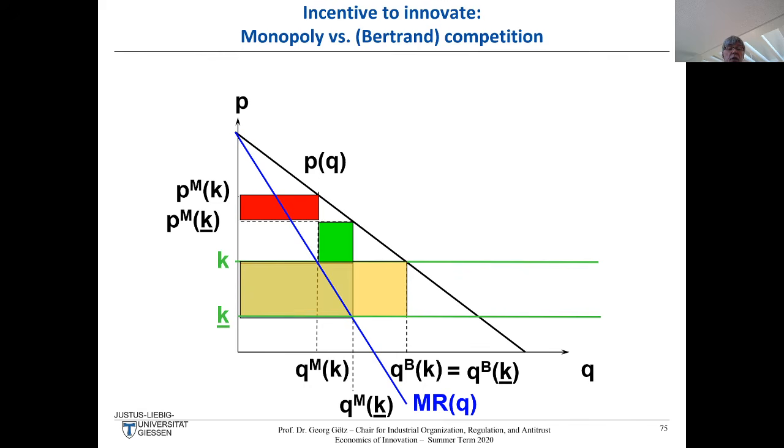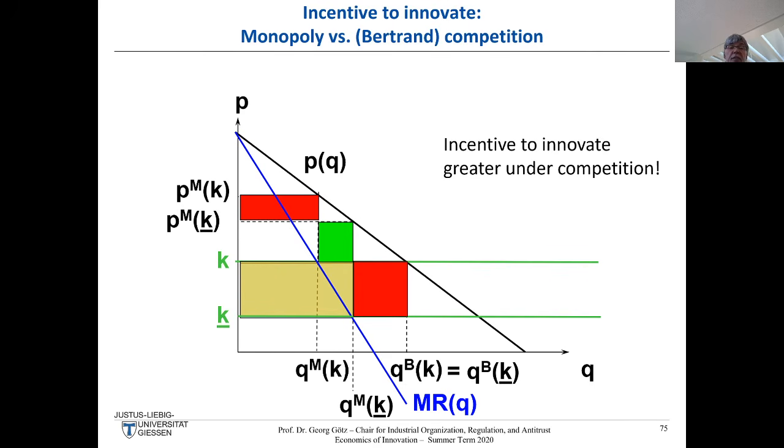And you see the one green area is already here. We have it in both cases. So the only thing which matters is whether these two red areas are larger than the green area, and that's obvious. So the incentive to innovate is greater under competition.